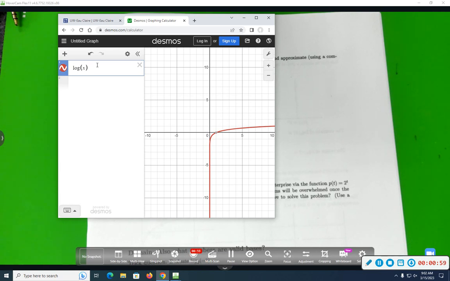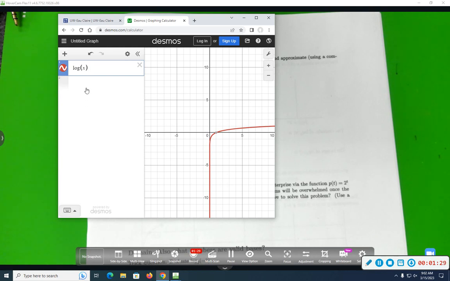So that means that the graph of log base b of x should be the same as b to the x, but with x and y flipped. Fair enough. So let's try to do exactly that.